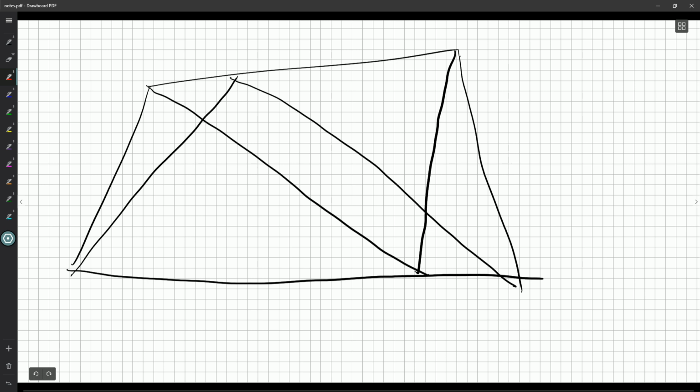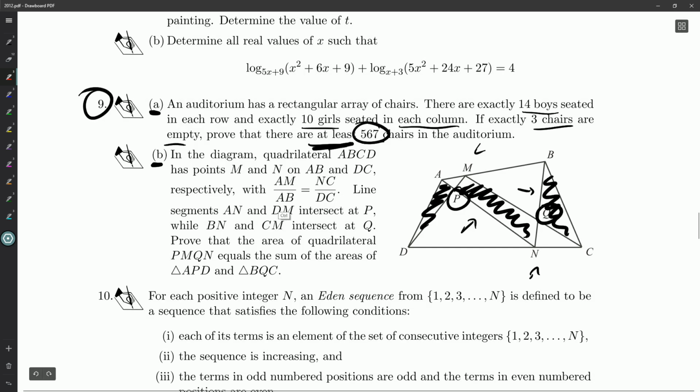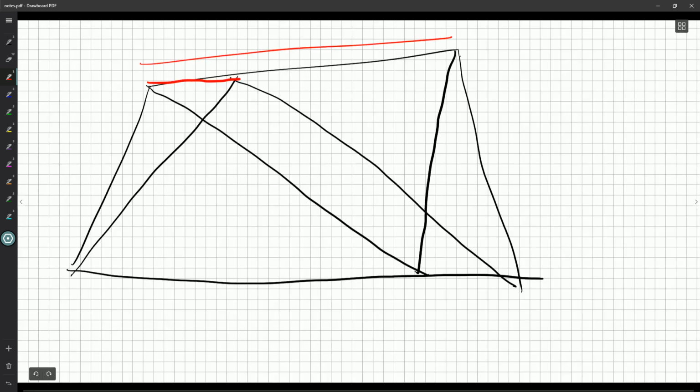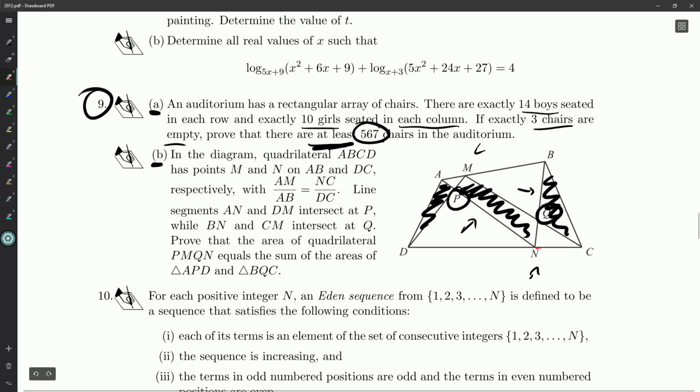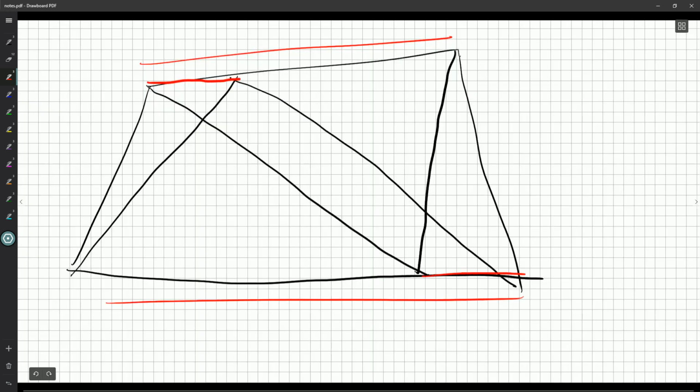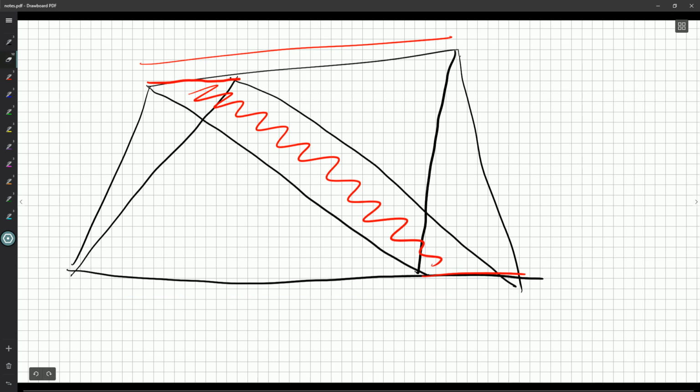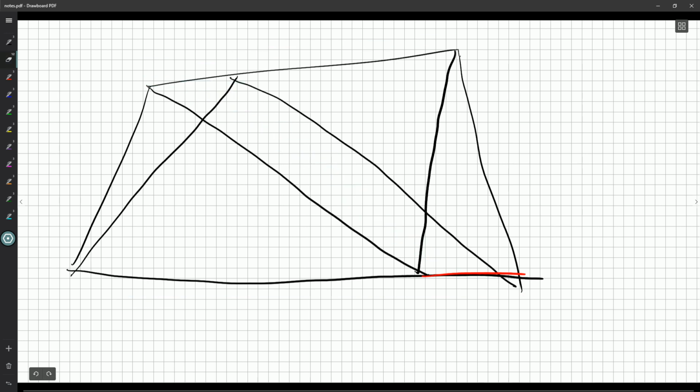Okay? If I knew something like parallelograms, I'm sure the fact that this is to, what was it, AM is to AB, as the other thing down here, NC is to ND, as this is to this. You could try doing something like this shape is part of the whole shape, but it's not going to work if you don't have nice parallelograms, because there aren't clear heights to these things.